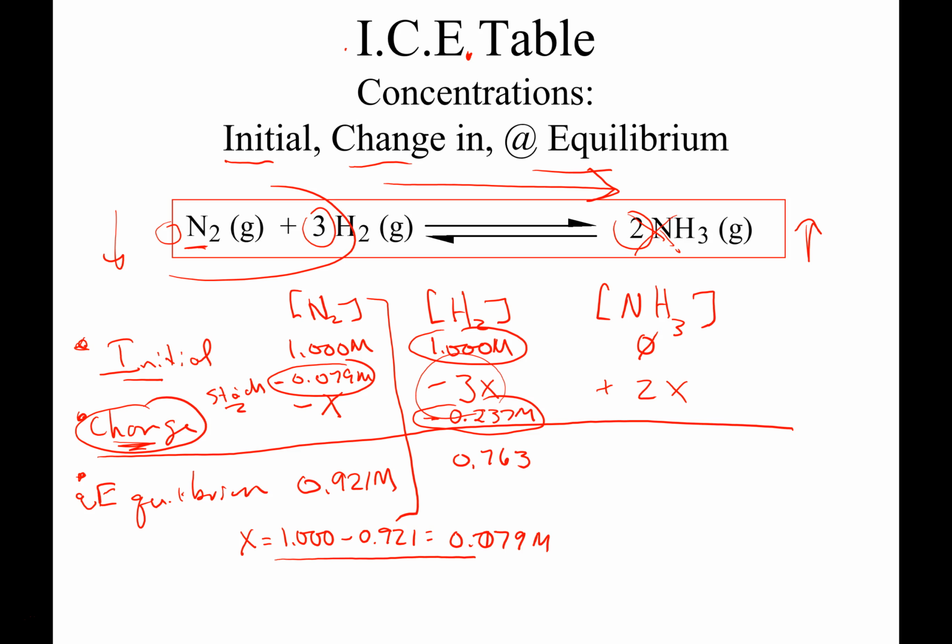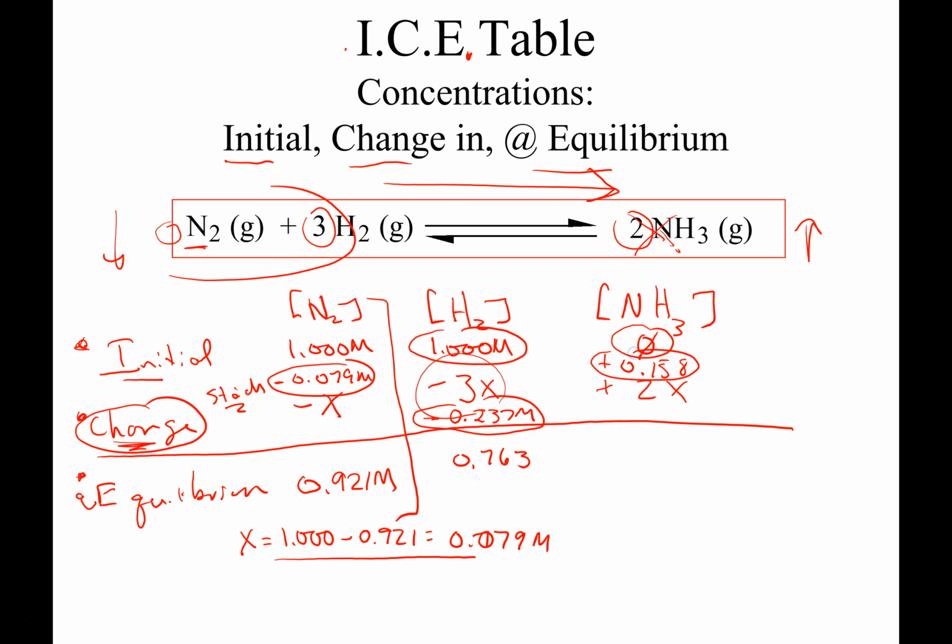All right, cool. So what about this over here? This would be 2 times 0.079, so this is going to be a plus 0.158. We take the initial, which was 0. It didn't have any to start out with.